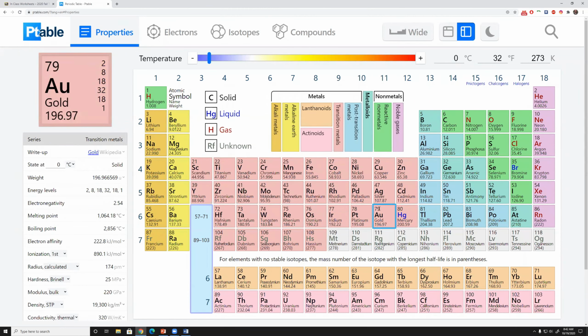So things like oxygen's 16, fluorine is 19, neon's 20, argon's 39.94. In some cases, you can round. If the number is extremely close to the whole number, you can round, such as carbon is 12.01, you can round to 12. Nitrogen is 14.007, you can round to 14. Oxygen and fluorine, you can round to their whole numbers.